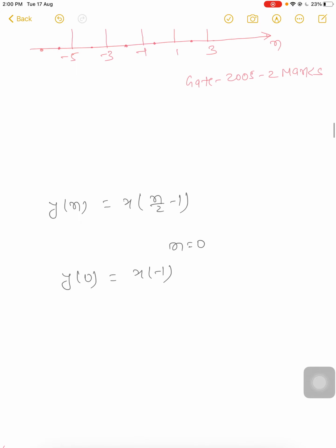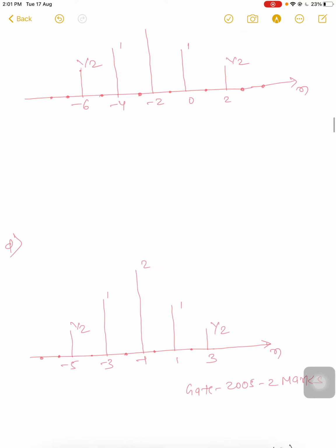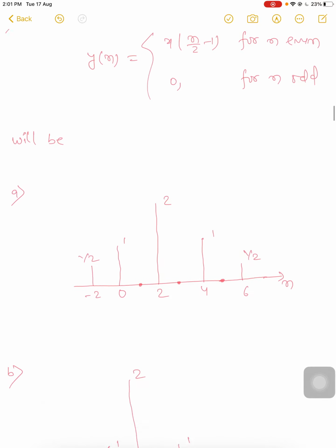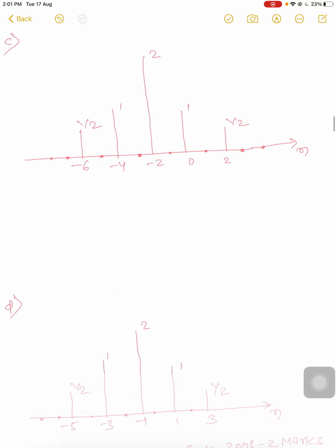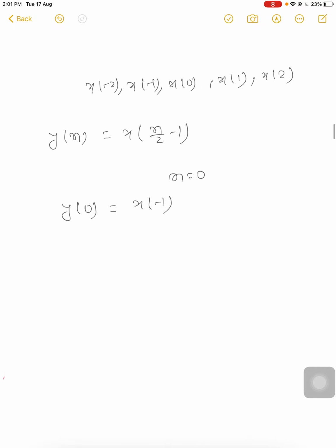First represent whatever is given: x[0], x[1], x[2], x[-1] and x[-2] are given. So only 5 elements are given, but we have to find out y[n].